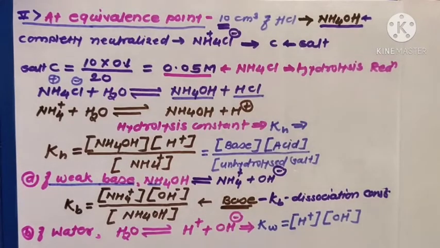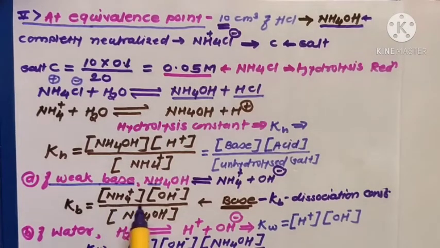Therefore, Kw divided by Kb is equal to the concentration of H+ ion into the concentration of OH- ion into the concentration of NH4OH, divided by the concentration of NH4+ ion into the concentration of OH- ion. These are the equations of Kw and Kb.